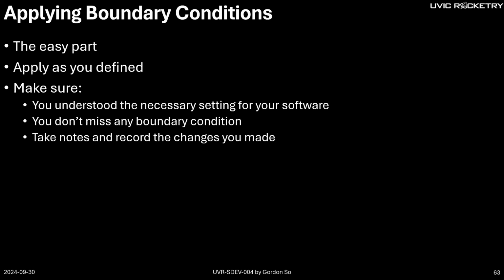Make sure you know what is required and that you don't miss any boundary conditions. One mistake that is really easy to make is applying the wall as a far field condition, and then you're wondering, why does the whole domain have the same color? Because there's no geometry in that domain if you define it that way.